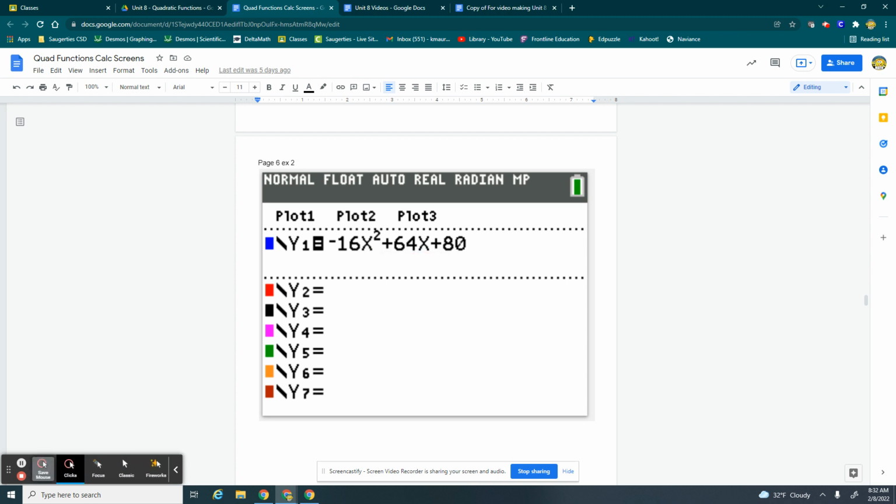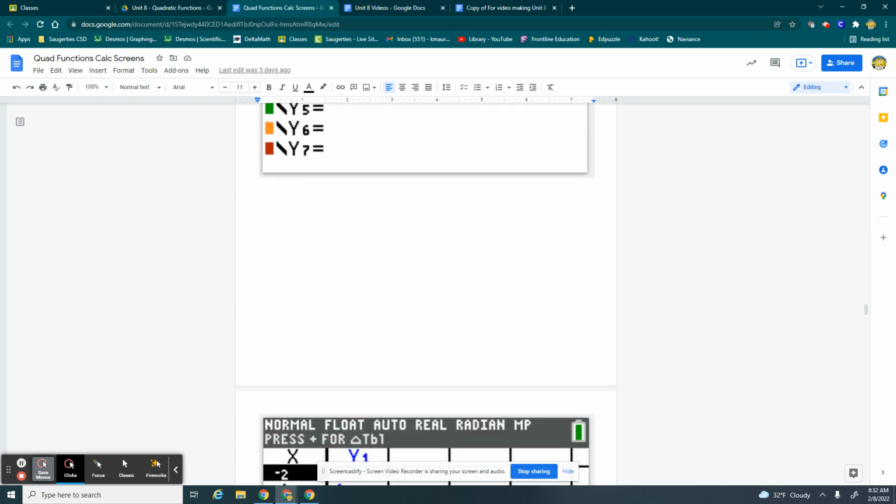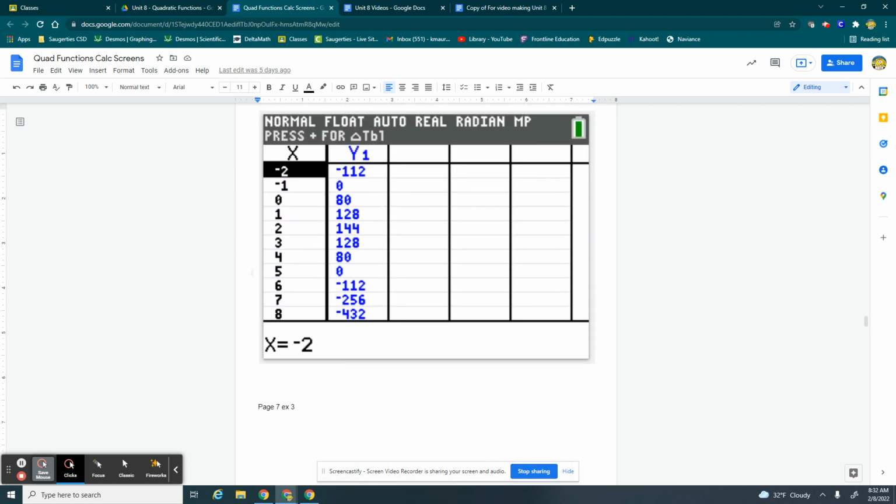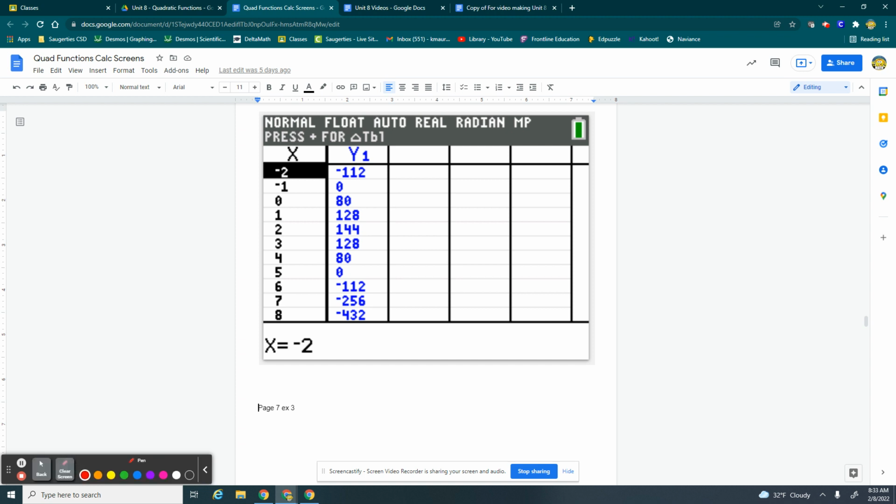From there now, I go to my table, okay? I press second graph, and your calculator will go on forever because it doesn't realize we're doing a word problem. Remember, when something hits the ground, that height is 0 because it's touching the ground. And also time is 0.